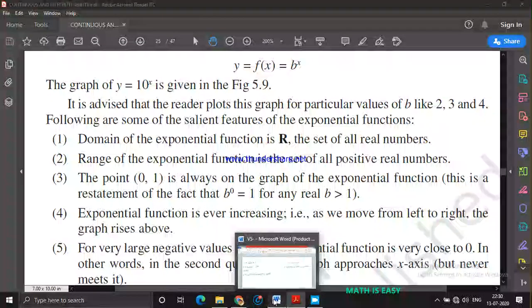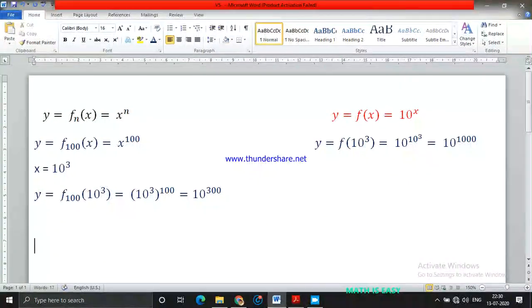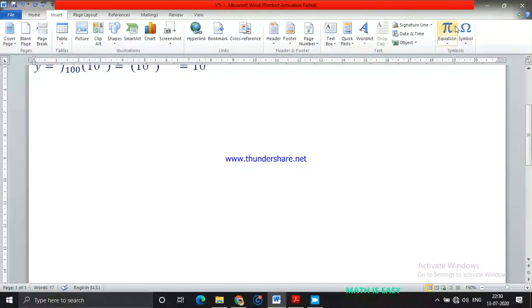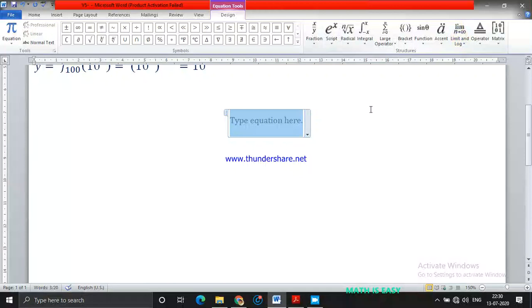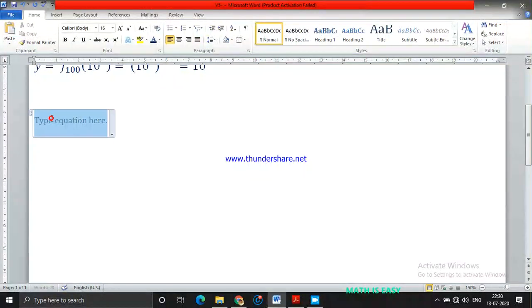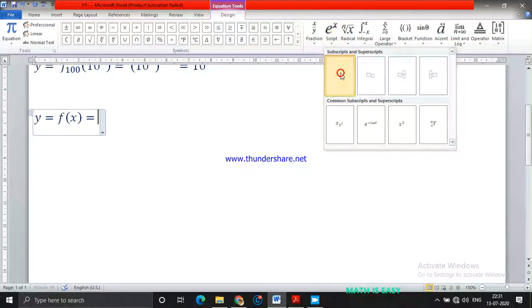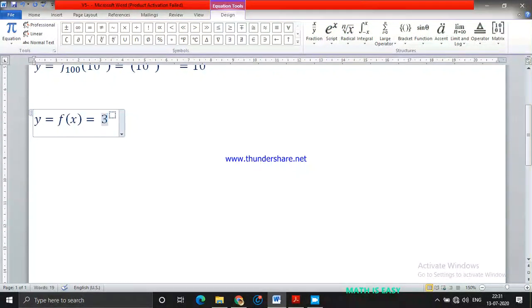Let me show you here with an example what that property says. For example, if I take y equals f of x equals 3 to the power x.